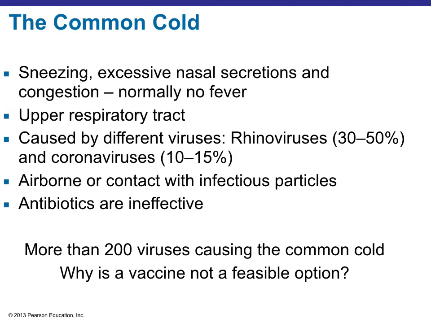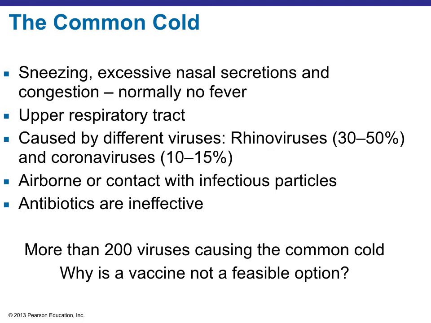There's normally no fever, and it involves the upper respiratory tract. It is caused by different viruses, most commonly rhinoviruses, 30 to 50% of cases, and also coronaviruses, 10 to 15% of the cases. These viruses are airborne and they are spread through direct contact with infectious particles.